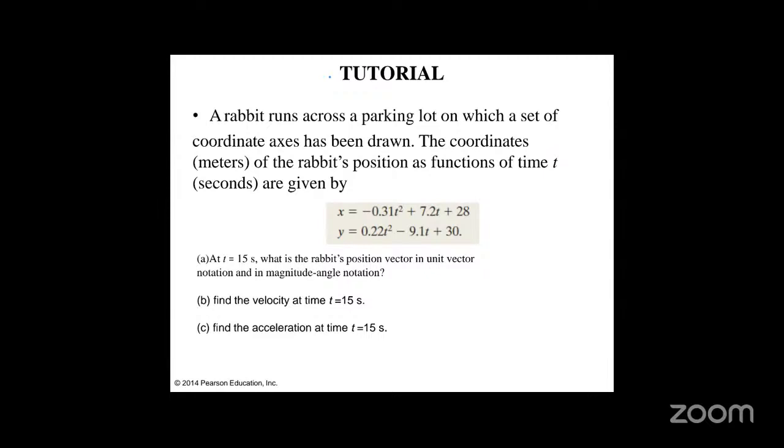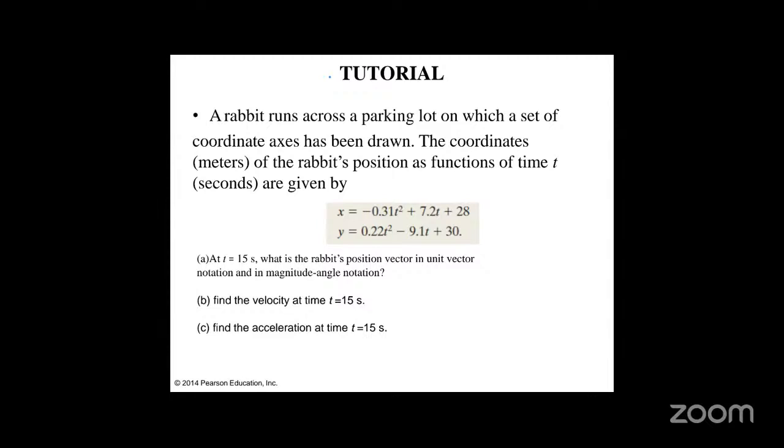B is find the velocity at time t equals 15. Now, the way to solve this kind of question is to apply instantaneous velocity, because the question is asking you the velocity at a particular time.